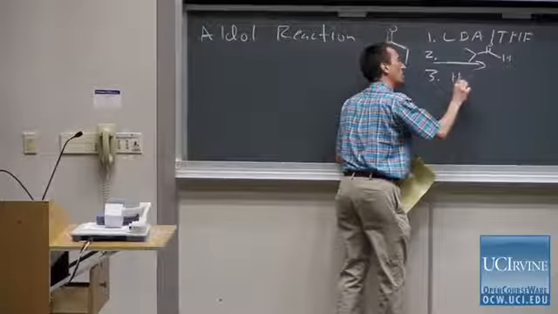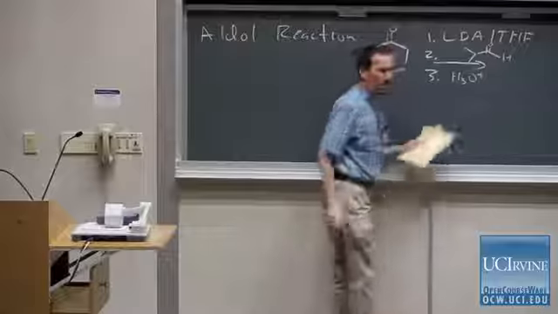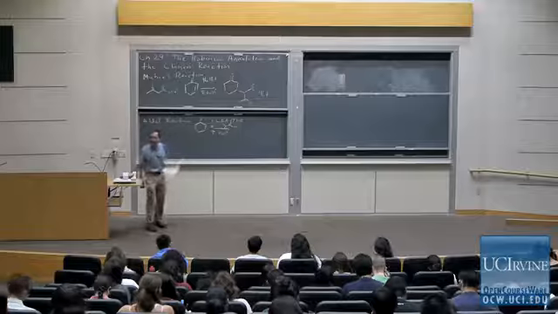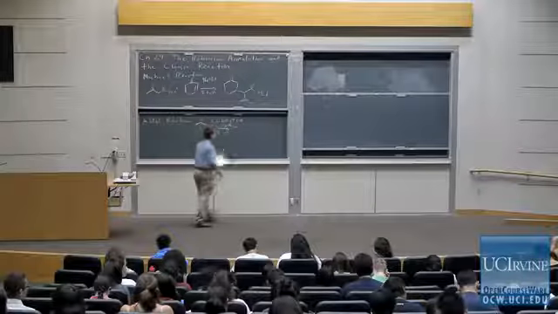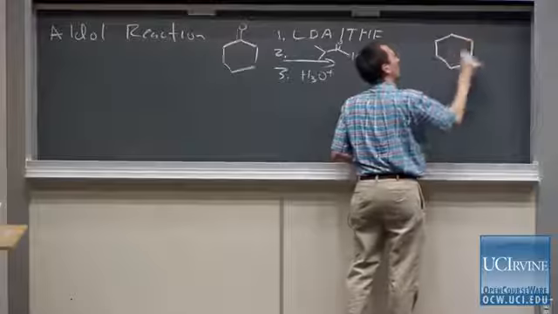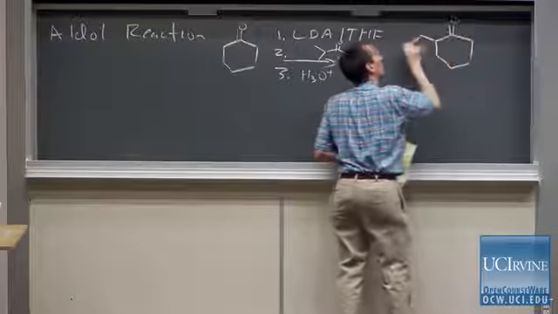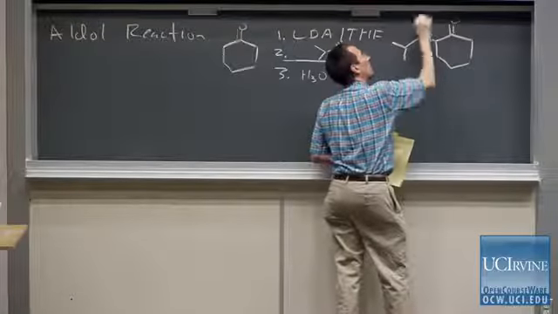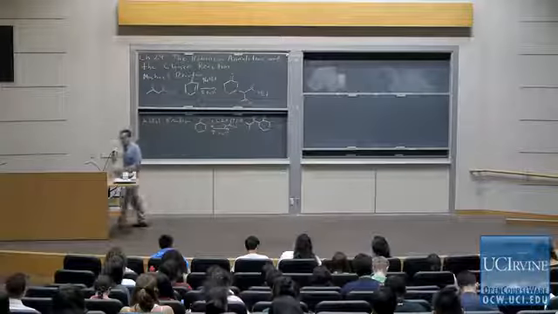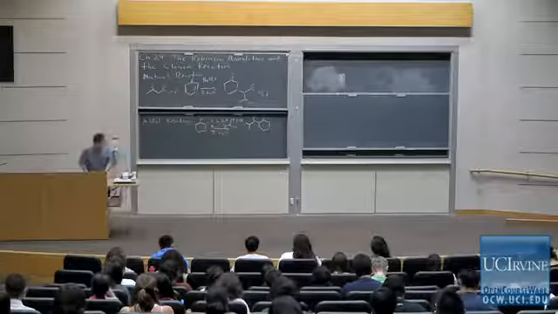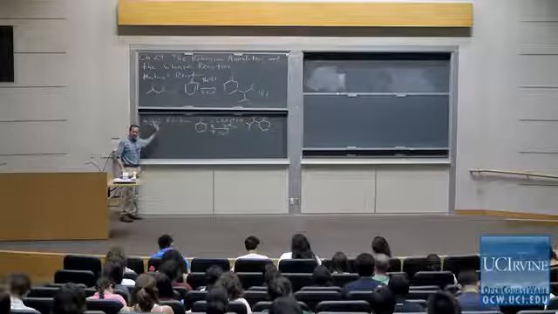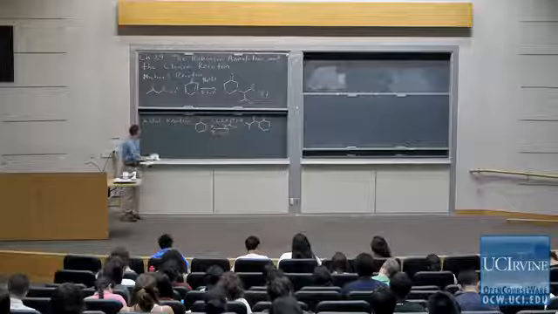In one case I wrote aqueous ammonium chloride, in another case, generic H3O+, what you'd get from throwing an acid like HCl into water. And so the product in this case was a beta-hydroxycarbonyl compound.